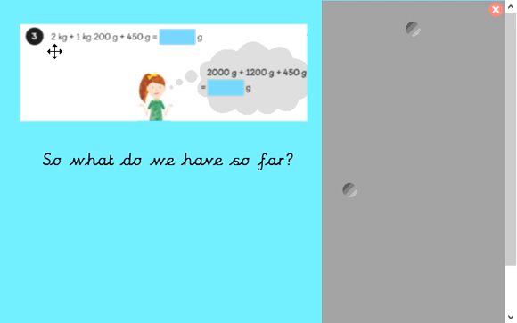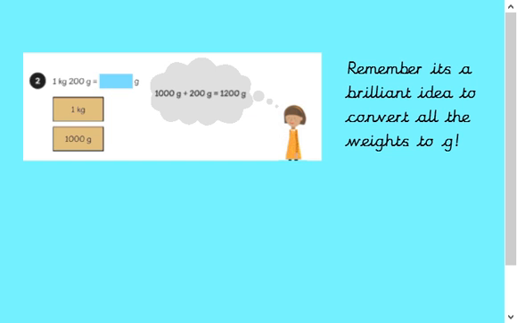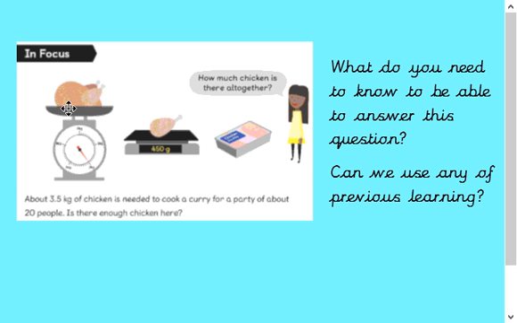Okay, now on our 3 ways of showing our measurements here, we've got 2 kilograms of chicken on the scales. We've got 450 grams, and we've got 1 kilogram, 200 grams.